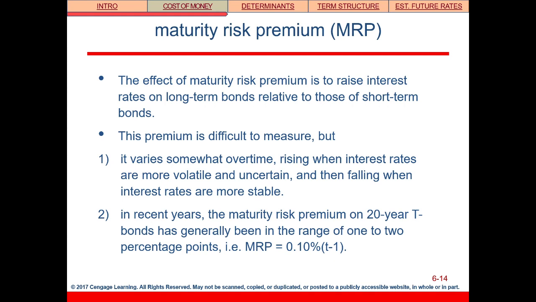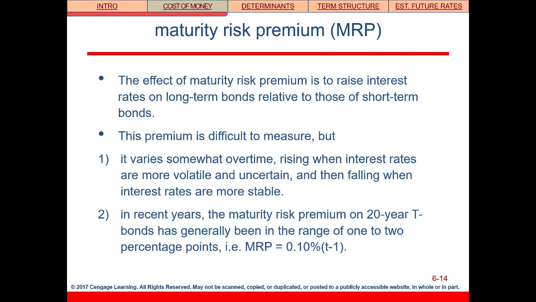So this premium is difficult to measure, but it varies somewhat over time. It's rising when interest rates are more volatile and uncertain, because maturity risk premium is essentially a type of uncertainty risk premium. And then this maturity risk premium would be falling when interest rates are more stable, because there's less uncertainty.